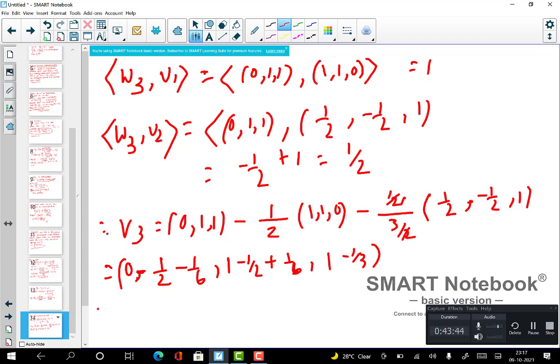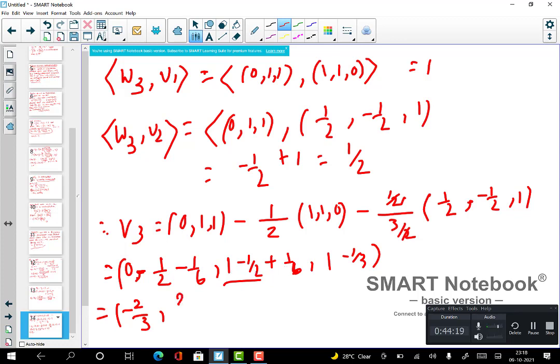Okay, so now let me conclude. So this is minus half, and then minus 1 by 6, and that will give you minus 2 by 3, right? Because 1 half means 3 by 6, and 3 by 6 plus 1 by 6 is 4 by 6, which is 2 by 3. And we'll have 1 half minus 1 by 6. Okay, so 1 minus half is half, so half plus 1 by 6 is what?